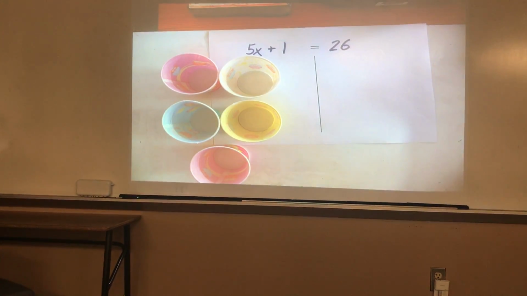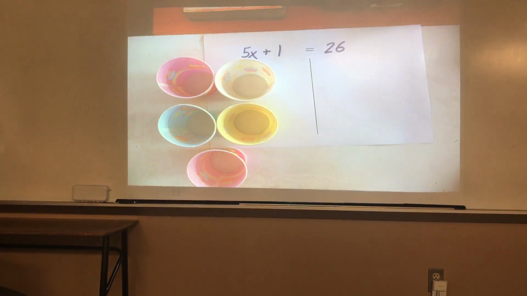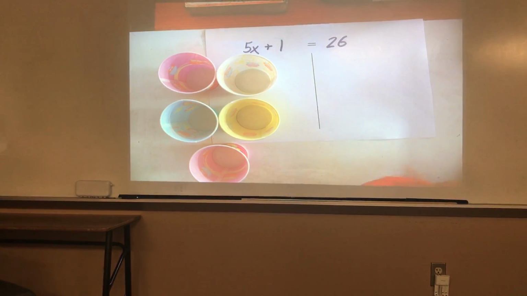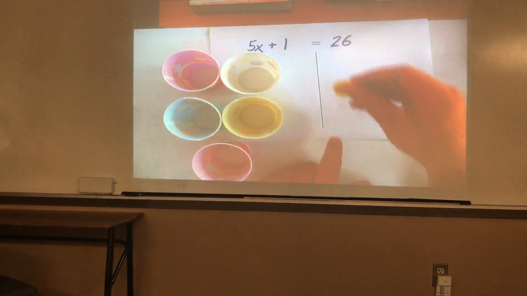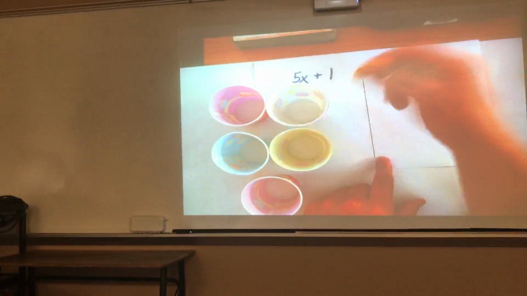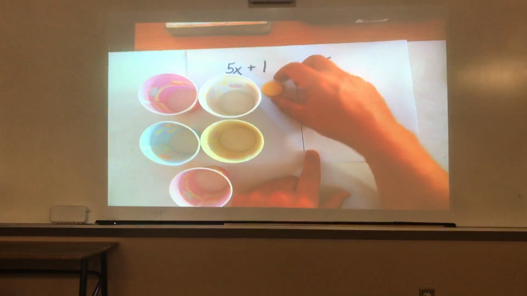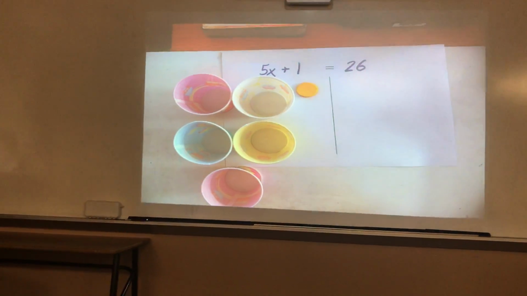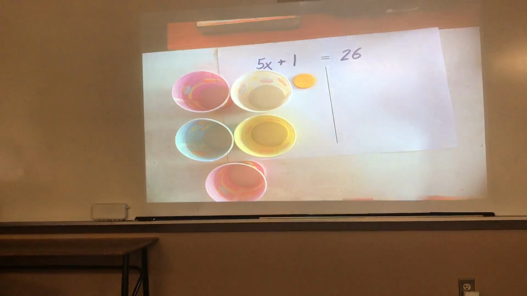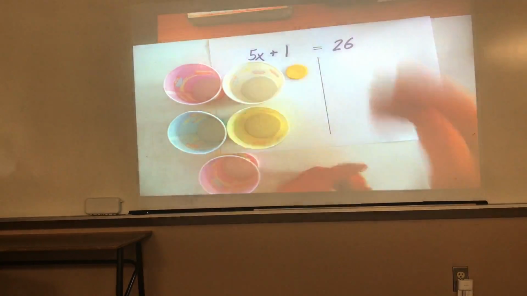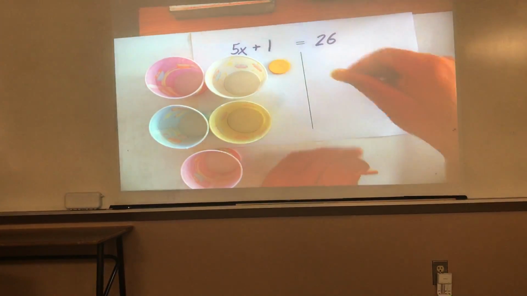So we're going to have a +1, so we're going to use our little yellow token as a positive. And then on the other side, we're going to have a +26.